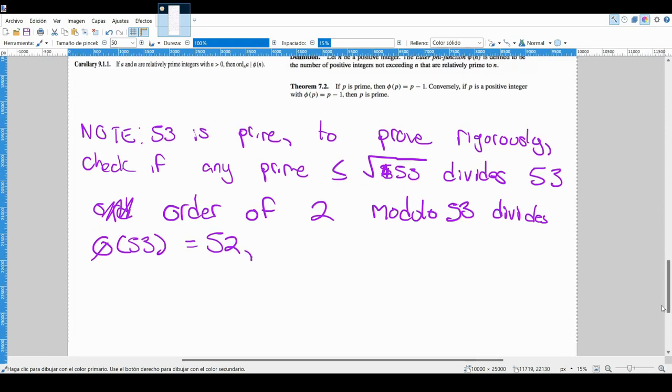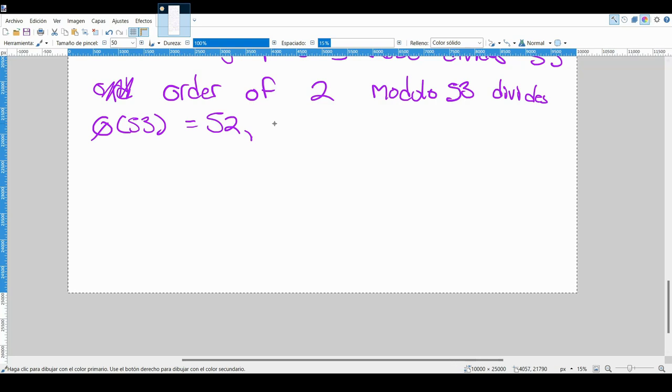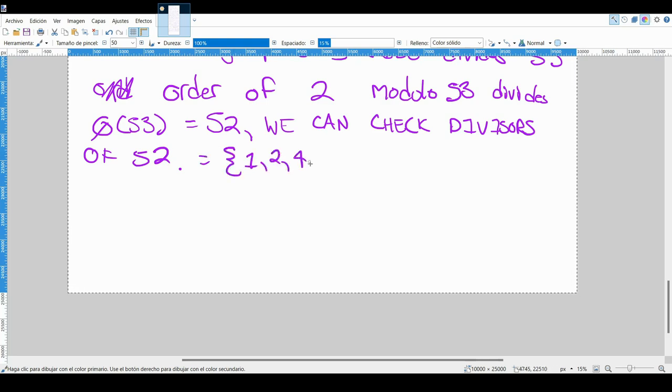So now we can check the divisors of 52. The divisors are in this set here: 1, 2, 4, 13, 26, and 52. If none of the first 5 values satisfy this property, then we know that it must be 52.